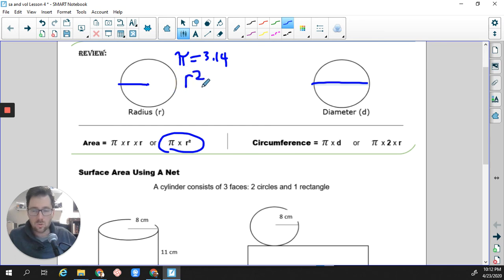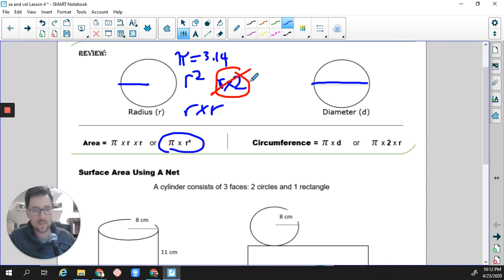Now, r squared, let's just be clear, is not r times 2. It is actually r times r. Okay, that often is mistaken, so let's just make sure that when you see that squared, it just means times itself again.